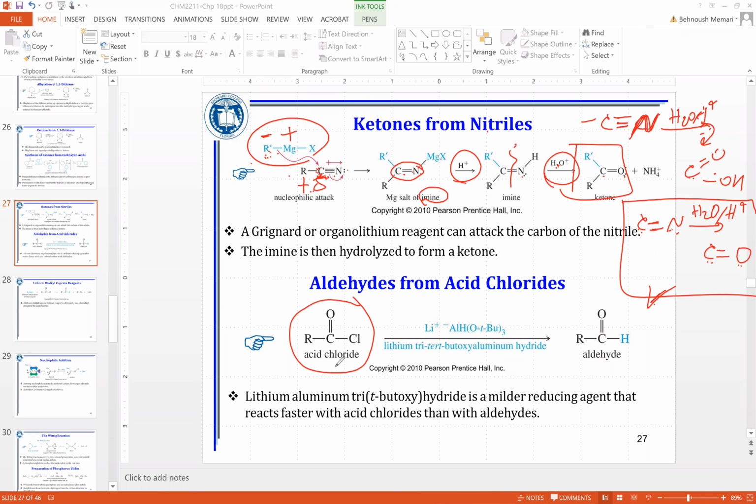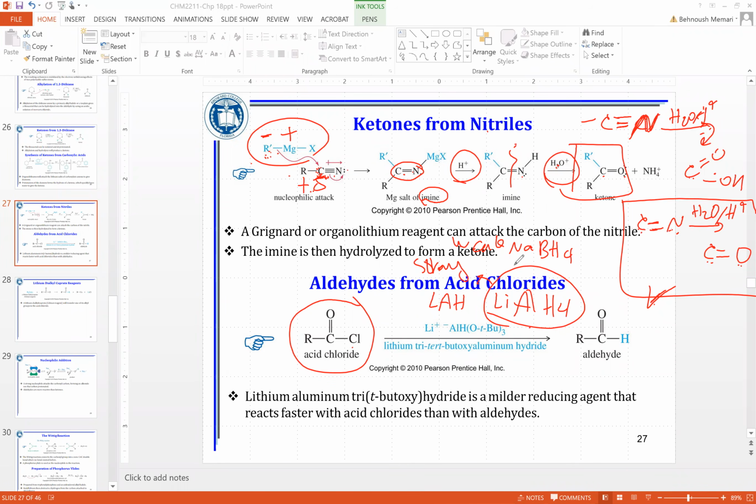Acid chlorides can be reduced, okay? If you reduce this using LAH, or lithium aluminum hydride, we learned about this in chapter 11, at the same time that we learned about sodium borohydride, which is a weak reducing agent, and this is the strong reducing agent.